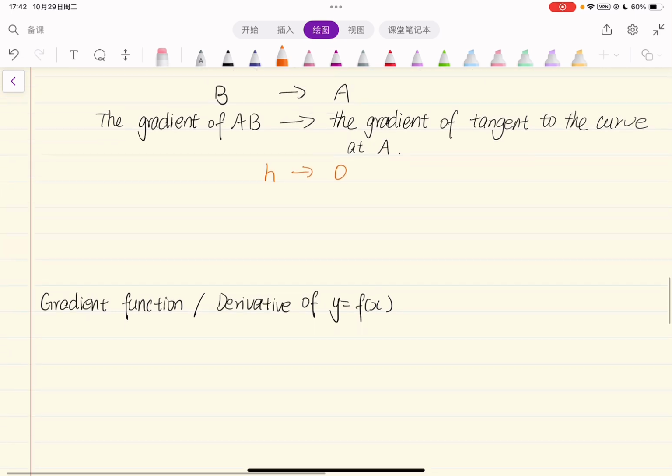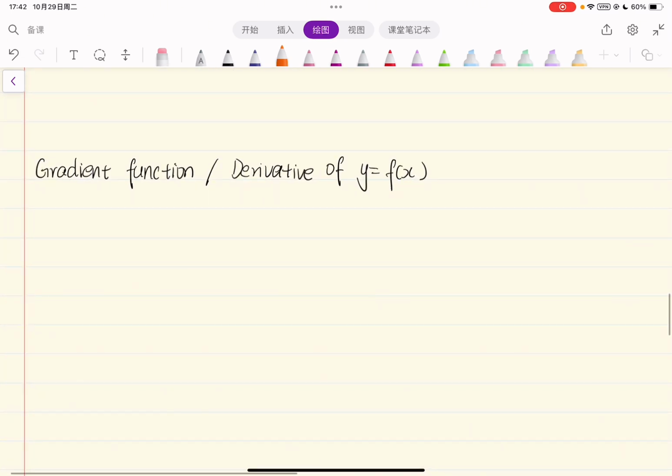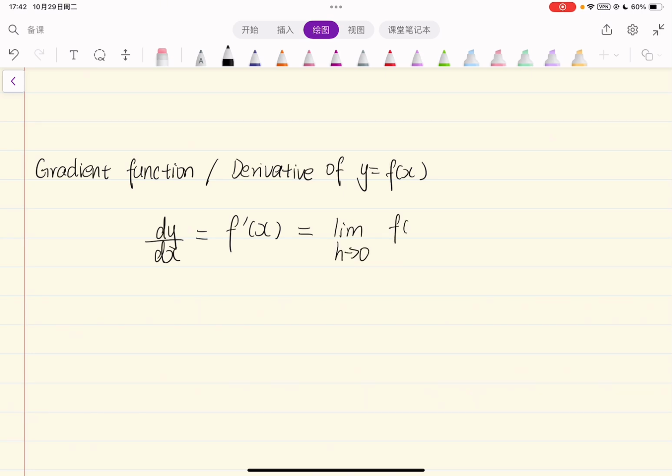Thus, we get a gradient function, dy over dx. So the derivative of f(x) equals the limit as h tends to 0 of the expression f(x plus h) minus f(x) over h.